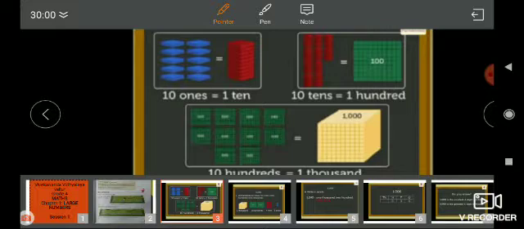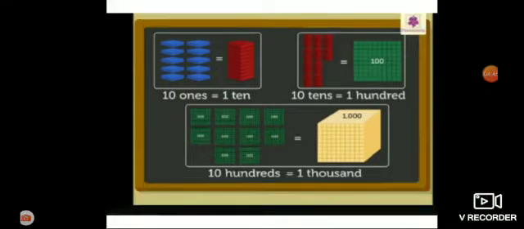So 10 tens make 100. 10 hundreds equal to 10 into 100, 1000. So 10 hundreds make 1000.